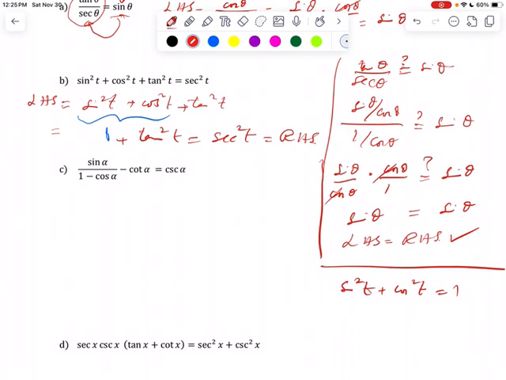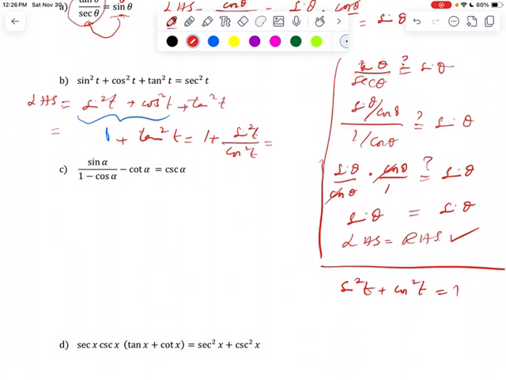Again, but let's say you forgot that 1 plus tangent square t is secant square t. Then what should you do? You can do it like this: it is equal to 1 plus sine square t over cosine square t.